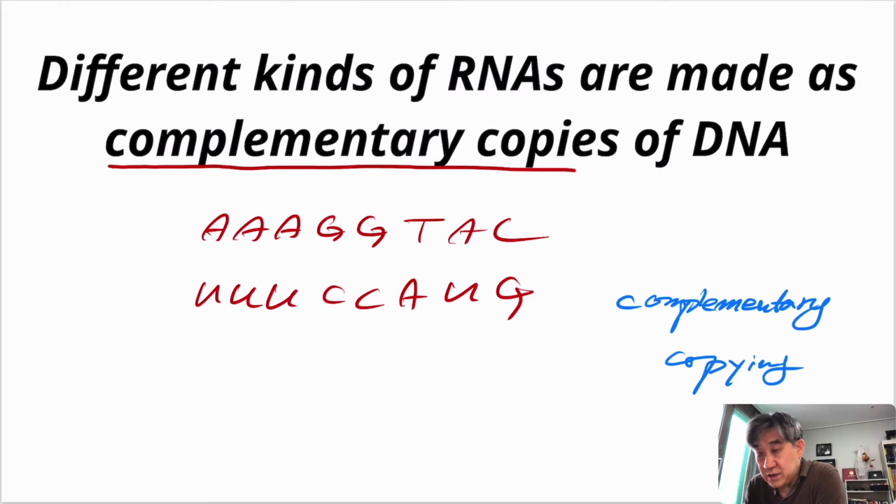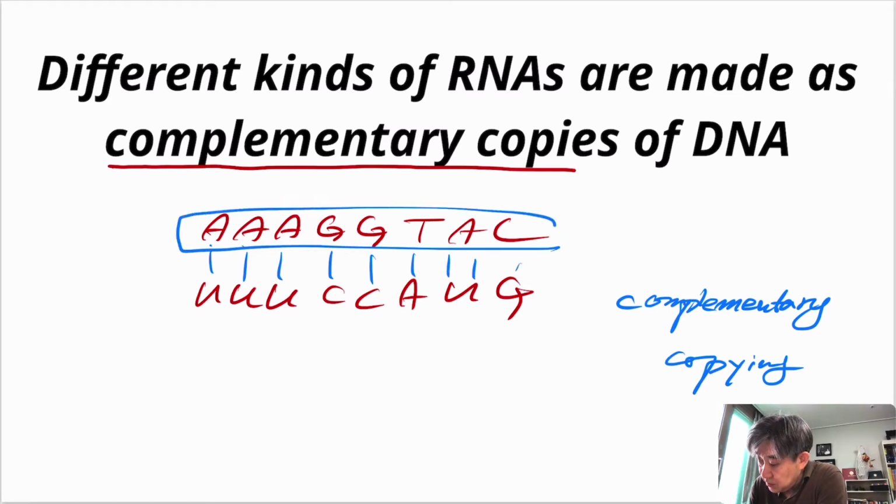So in RNA synthesis, what they do is simply pick up any RNA nucleotide which is complementary to this particular area of the DNA sequence. The DNA sequence that provides the information for this copying procedure is called the template DNA.